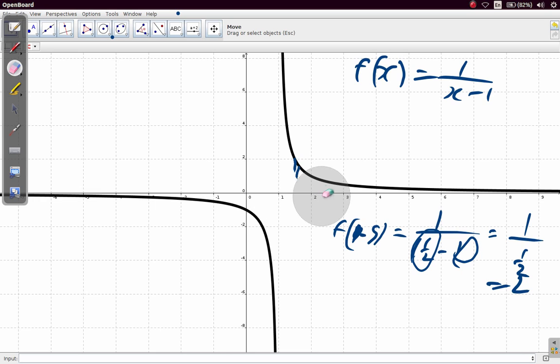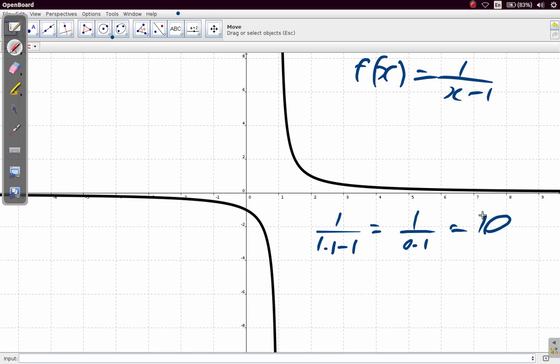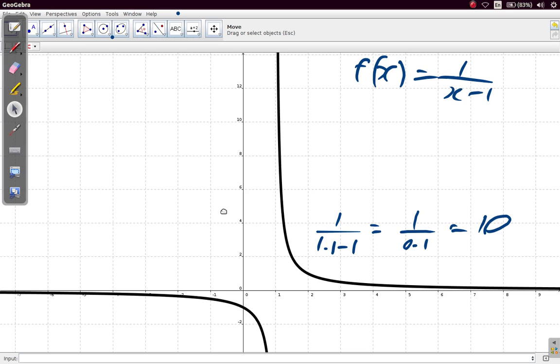Let's get closer to 1. Let's try 1.1. That is 1 over 1.1 minus 1, which is 1 over 0.1, which is 10. So close to 1, at x equal 1.1, f of x is all the way up to 10.